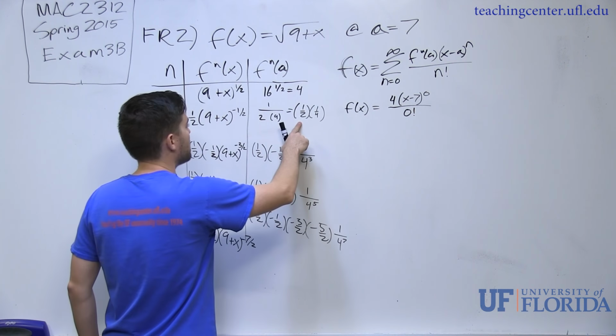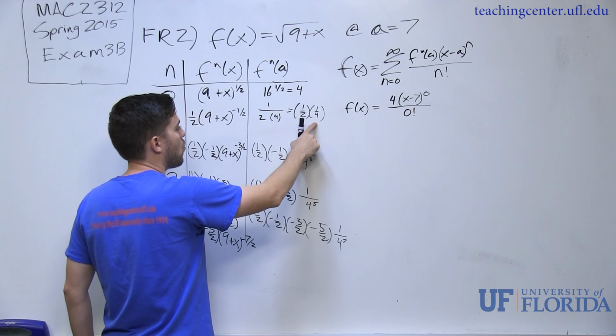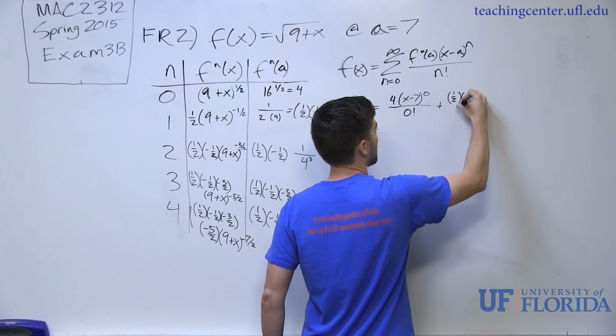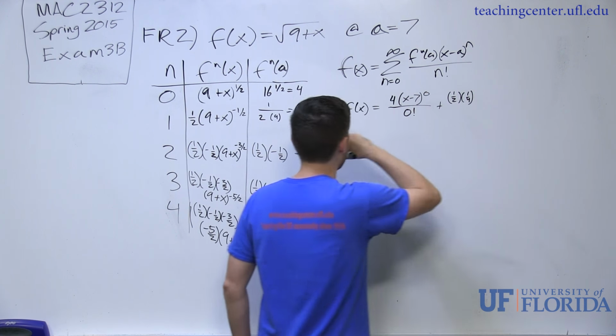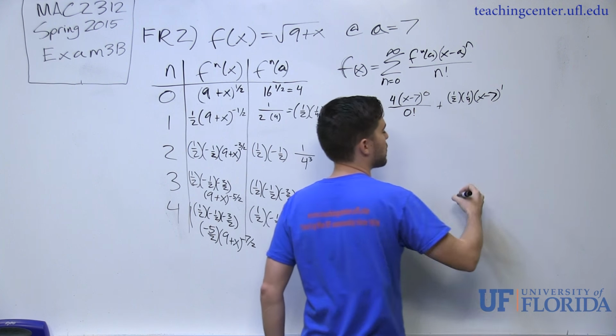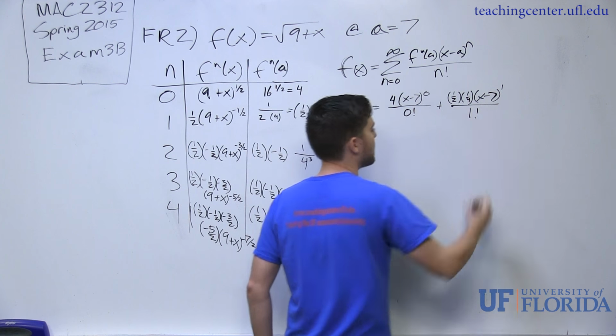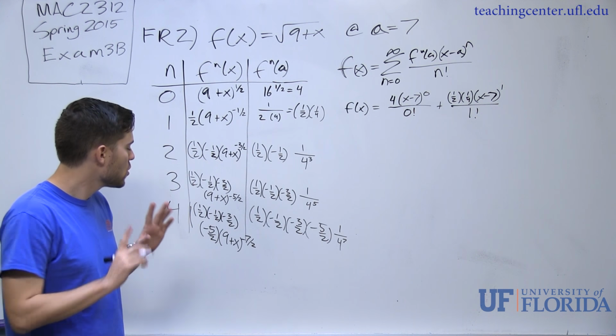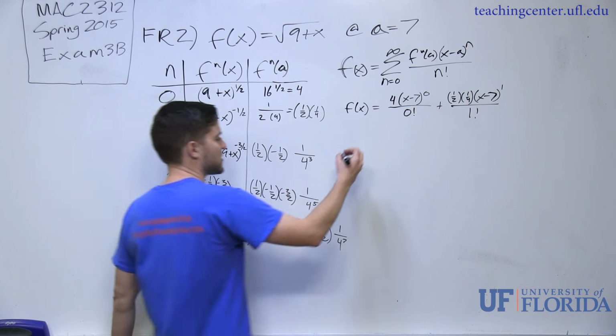Now, our next term is going to be 1/2, 1/4. So we have 1/2, we have 1/4, we have times x minus 7, and this is to a first power divided by 1 factorial. Good. So we have 2 terms so far. Let's keep going.